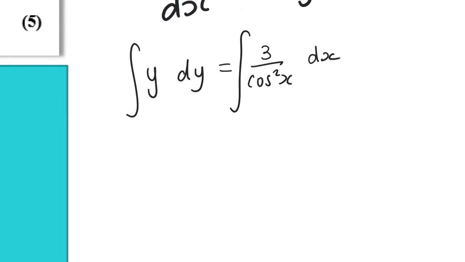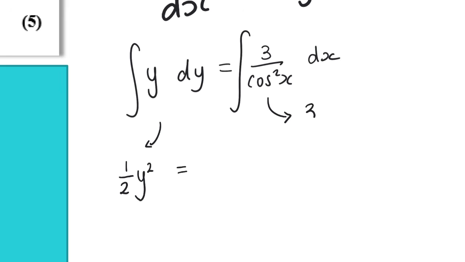So if I integrate y, this becomes y squared divided by 2, or a half y squared. Then, can I integrate this straight away? No. What is 1 over cos squared? Sec squared.